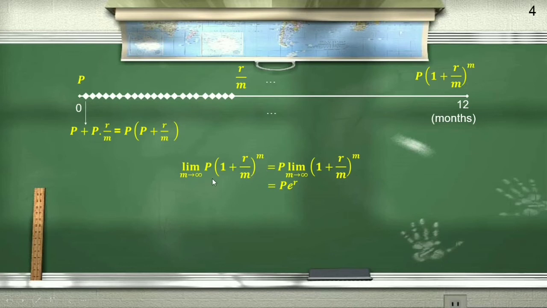Since capital P is a constant, we can write P before the limit, right? This equals P times the limit as m approaches infinity of (1 + r/m)^m. As you remember from our lesson in the previous course, Calculus 2, the limit as m approaches infinity of this series becomes e^r. So this value is equal to P times e^r.